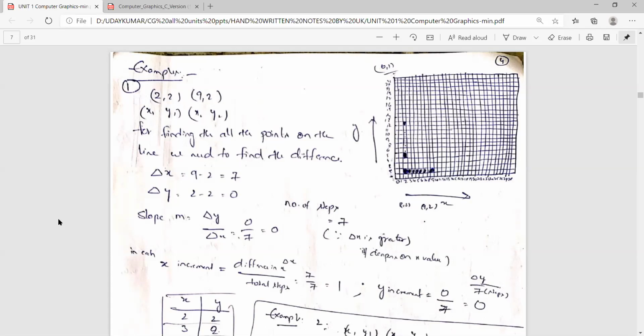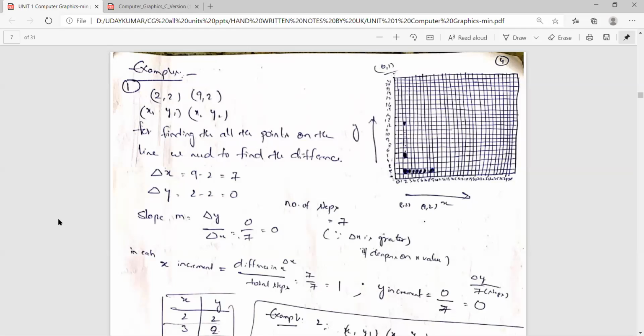For our better understanding and convenience, we are going to take the origin as the bottom left corner. Generally in your monitor screen, the origin is located at the top left corner, but for our better understanding, we are going to take the origin as the bottom left corner.